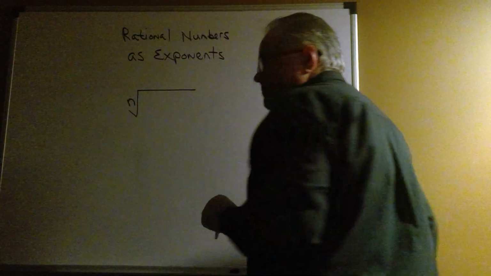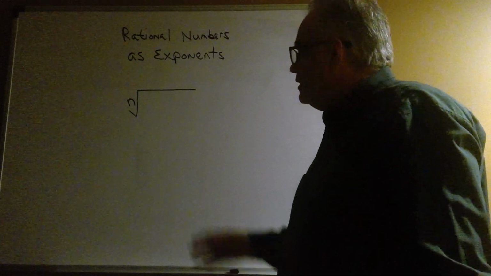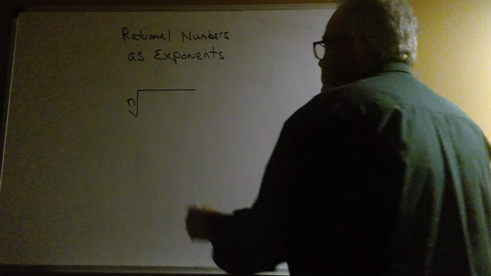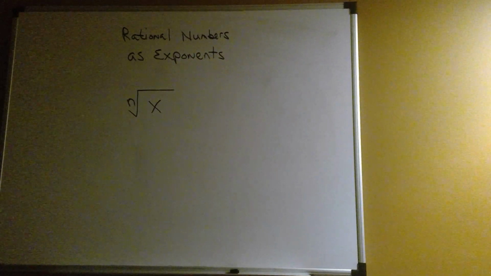If I have a root here, and I'm just going to call it n. I'll get into some real problems because I like it better to learn when we're using real numbers. So if I said, what is the square root of x? Oh no, the nth root of x.